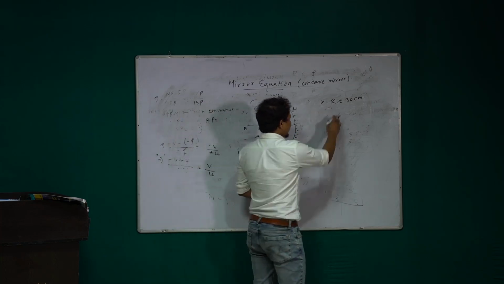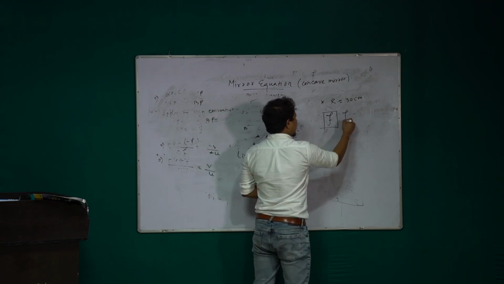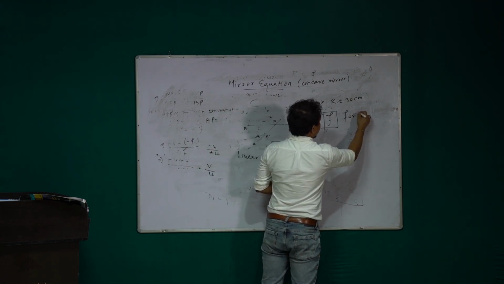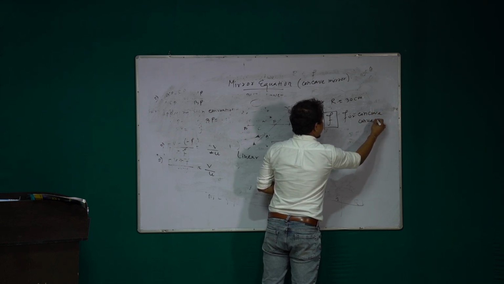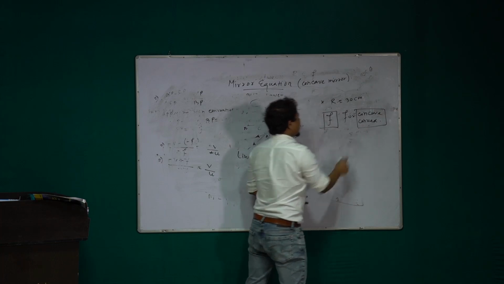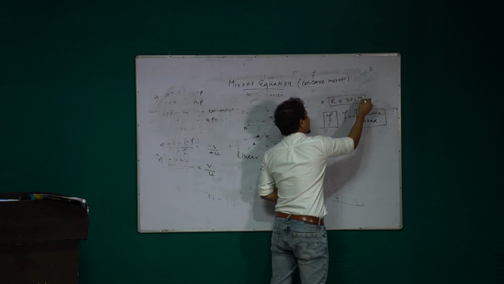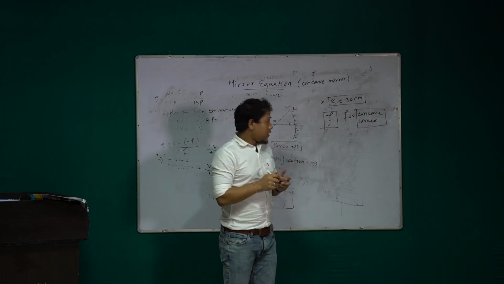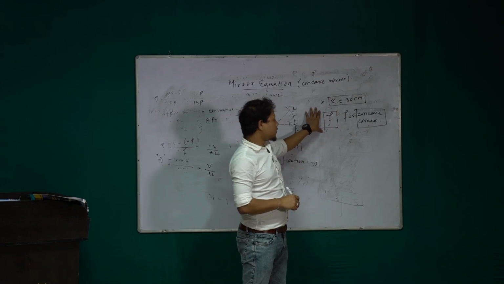You find the value of f, the focal length, for concave as well as convex mirror. I'm just telling you the magnitude; the sign you have to adjust according to the mirror. I hope it's clear. So I think time is over.